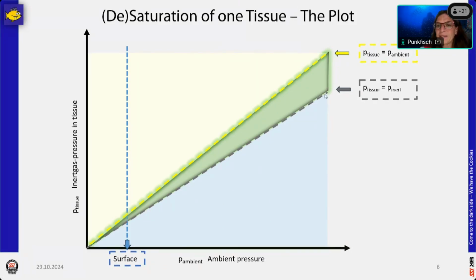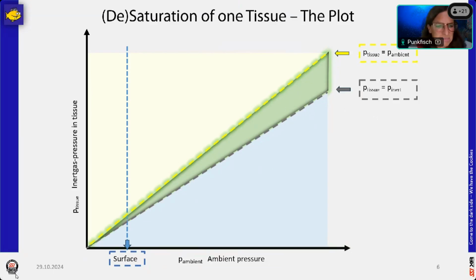And we have the gray line, where the inert gas pressure in the tissue is exactly the same as the inert gas that we are breathing in this moment, only the inert gas.